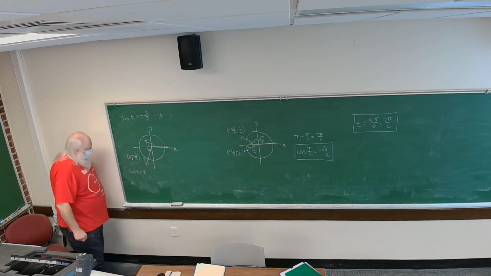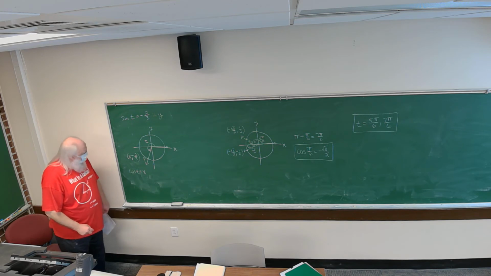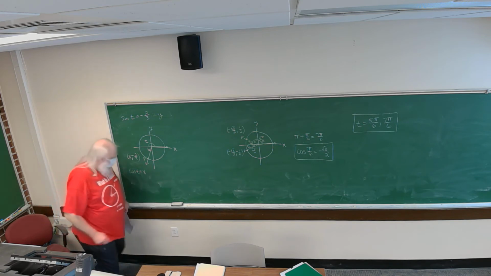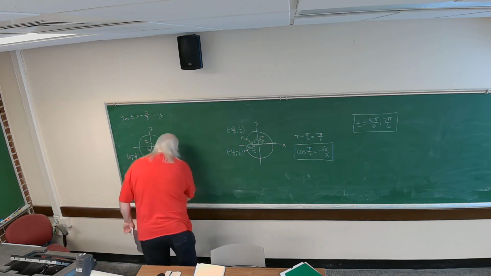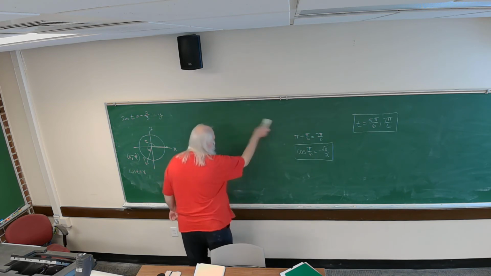Are the x-coordinate, cosine t, positive or negative? Negative, right? In quadrant 3, they're both negative.